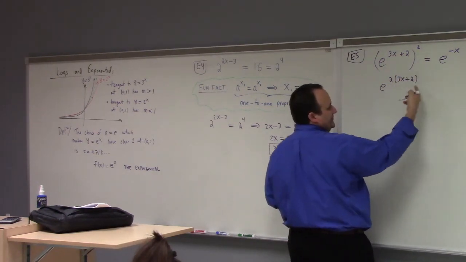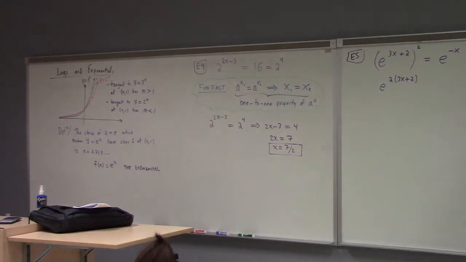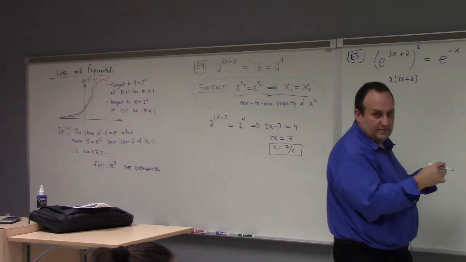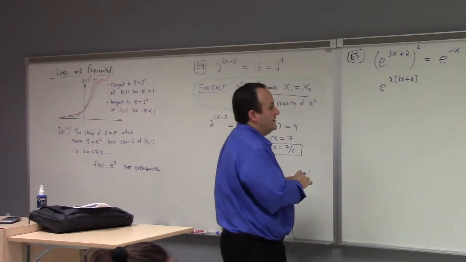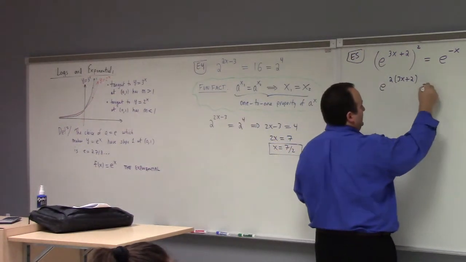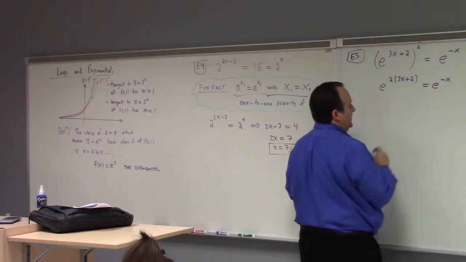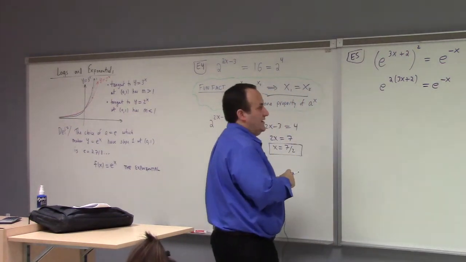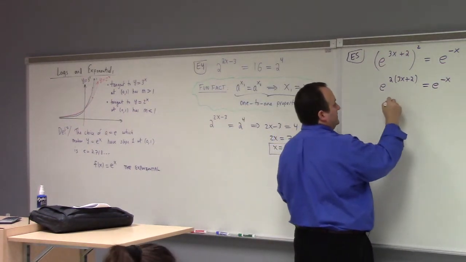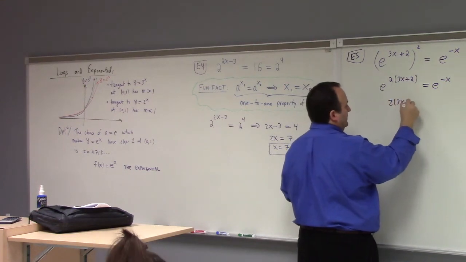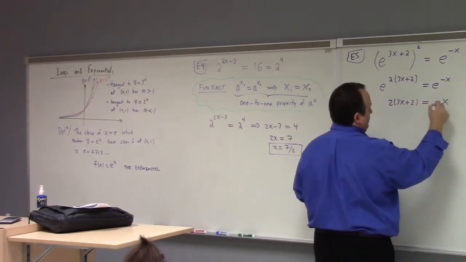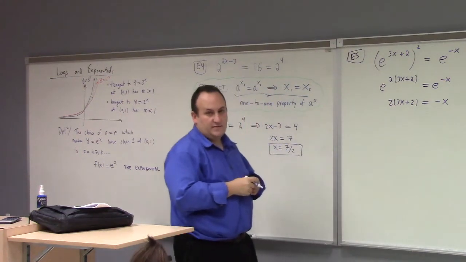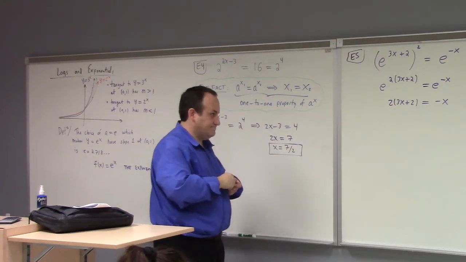This is equal to a to the px, right? Multiplication commutes, you can do it either way. And that's equal to e to the minus x. So what do we have? We've got 2 times 3x plus 2 equals minus x by the one-to-one property of the exponential.